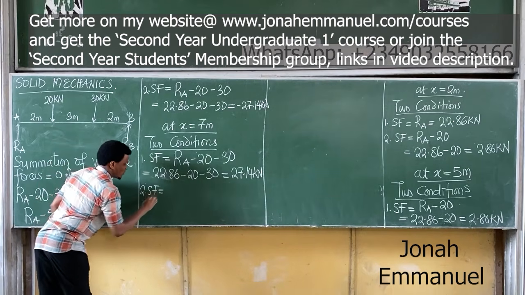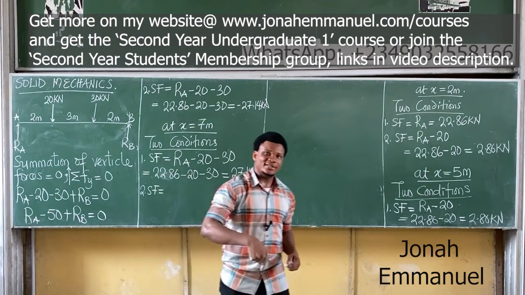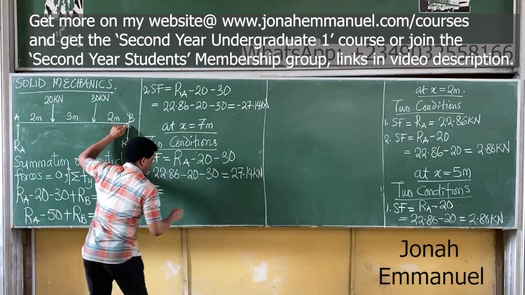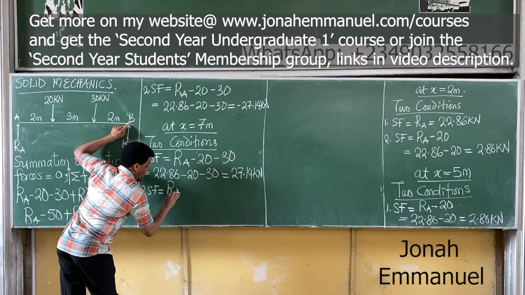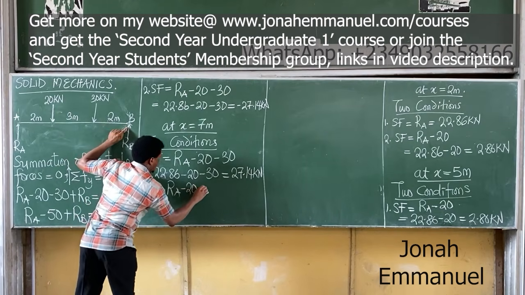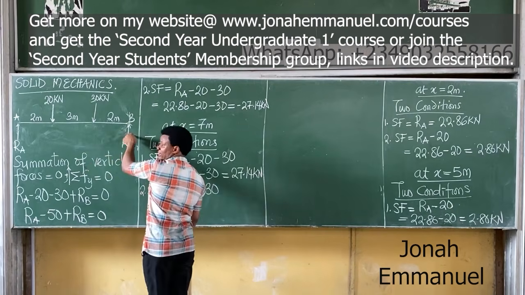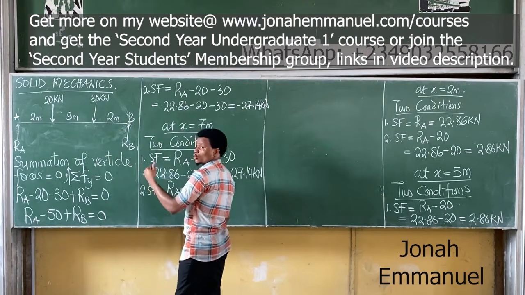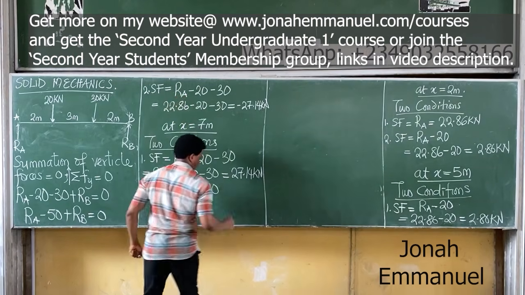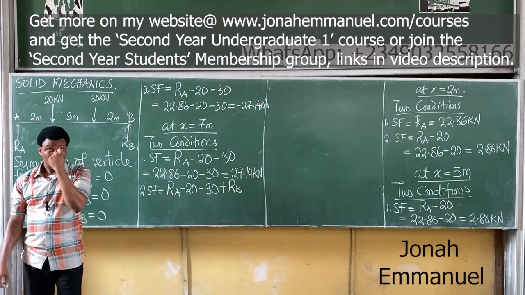Condition 2: shear force is equal to all the forces before that point plus the force at that point. Before this point, I have RA, minus 20, minus 30. At this point, I have what there? RB. Going upward, so it becomes positive. Plus RB.